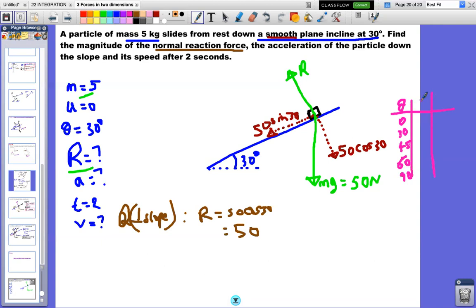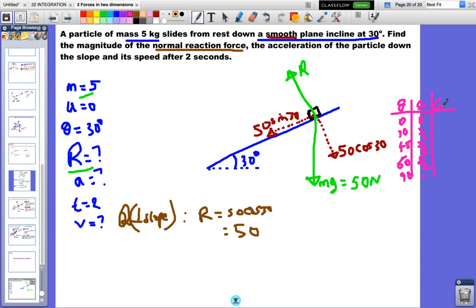And then sine: root 0 over 2, root 1 over 2, root 2 over 2, root 3 over 2, root 4 over 2, 1.